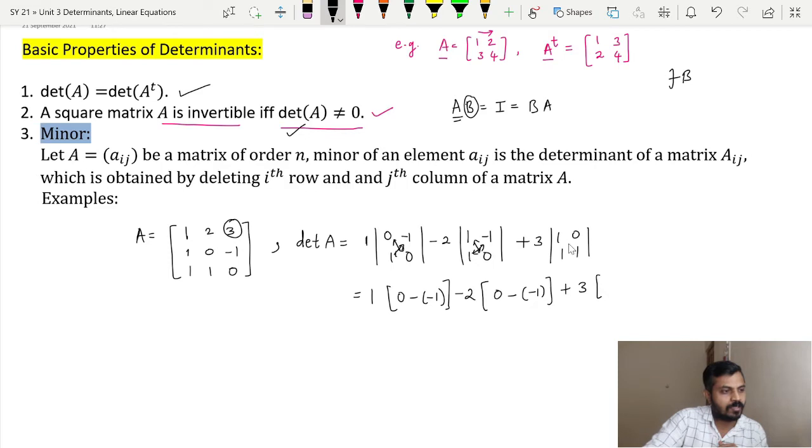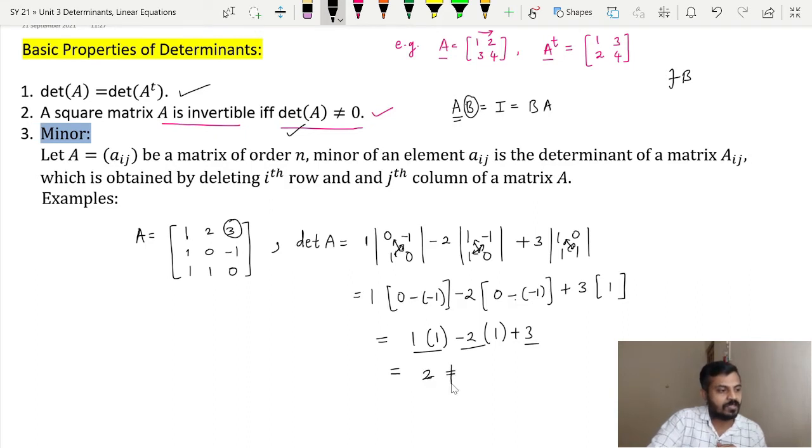Plus 3: 1 multiplied by 1 is 1 and 1 multiplied by 0 is 0, so minus 0. So 1 minus 0 is 1, which is further equal to 1 multiplied by 1, minus 2 multiplied by minus 1 (minus and minus become plus), so simply 1 plus 3, which is 4, minus 2, which gives 2.